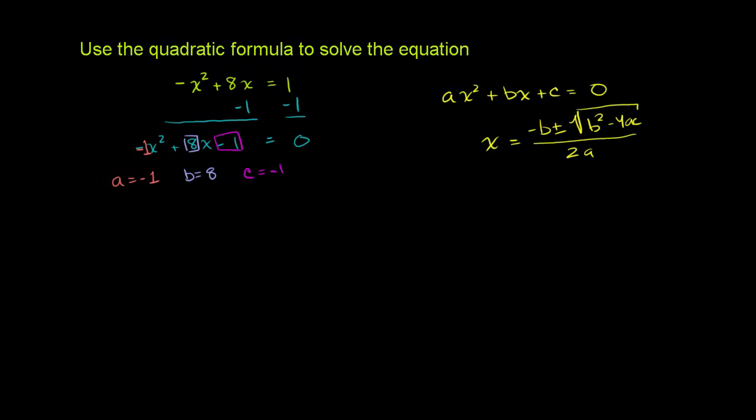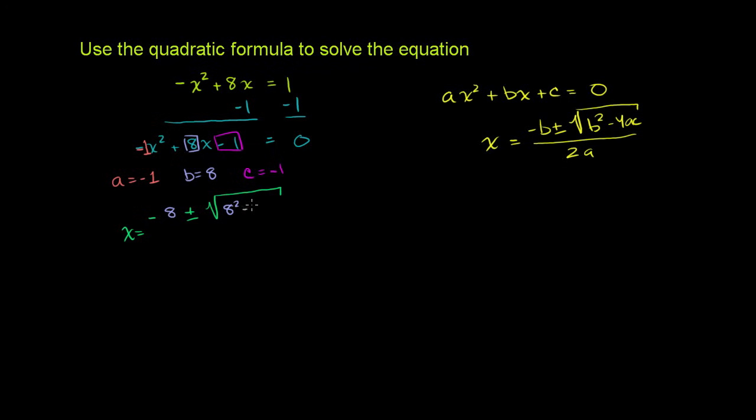The solutions to this equation are x is equal to negative b, plus or minus the square root of b squared, of 8 squared, minus 4ac. Let me do that in that green color.